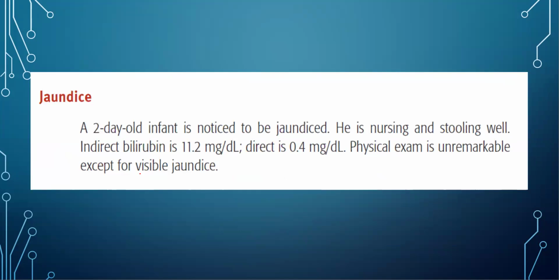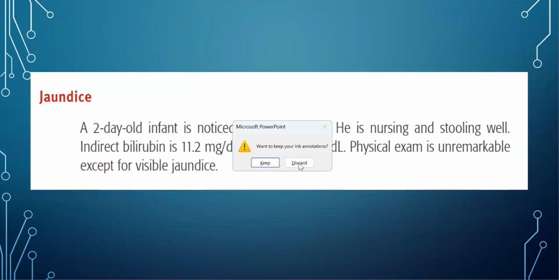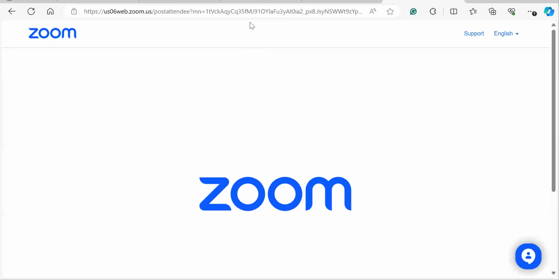Now we are moving on to a very important topic called neonatal jaundice. For neonatal jaundice, RCH has a good guideline. So I'll show you that.